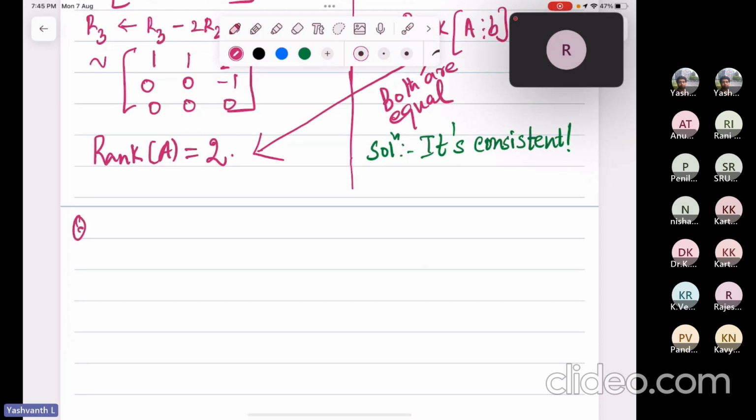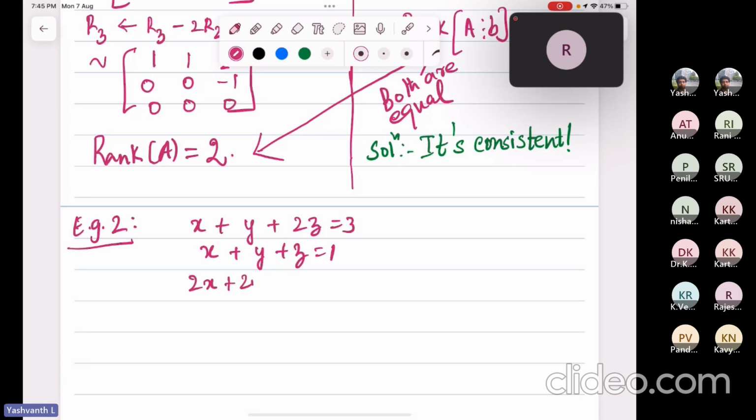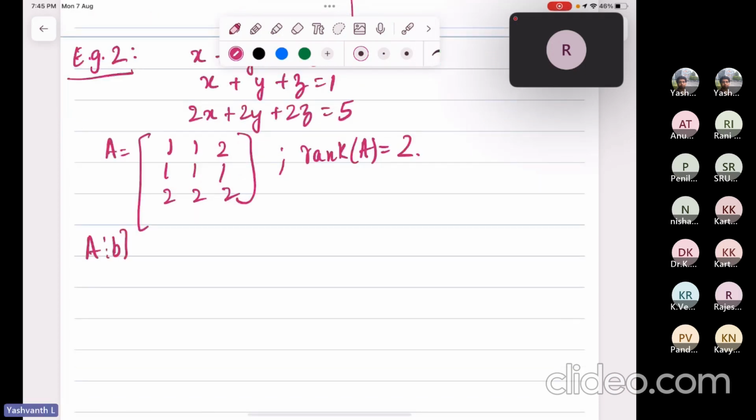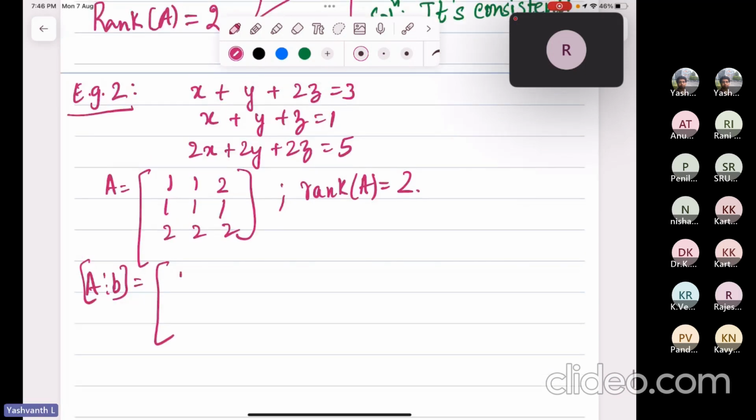Let's take an inconsistent system of linear equations. Let's say x plus y plus 2z equals 3, x plus y plus z equals 1, 2x plus 2y plus 2z equals 5. Then A is 1 1 2, 1 1 1, 2 2 2.